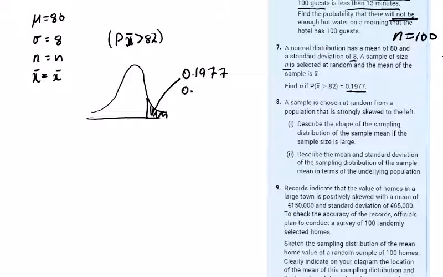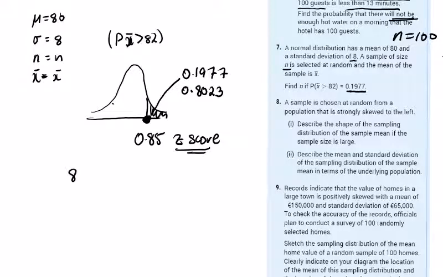So the reverse of it is going to be 0.8023. So whatever this score is, 0.8023. When we go to our z-score table, we find 0.8023 under 0.85. So 0.85 is my z-score, and this enables me then to find n.